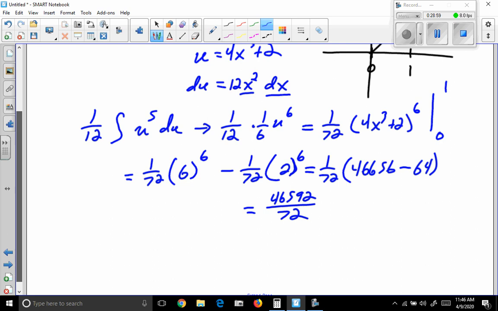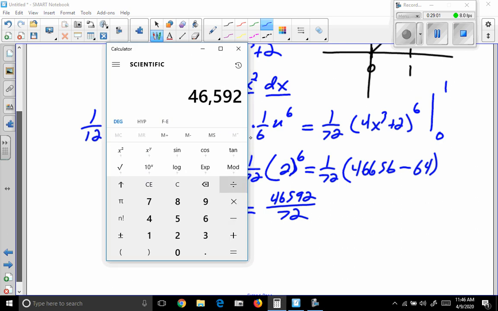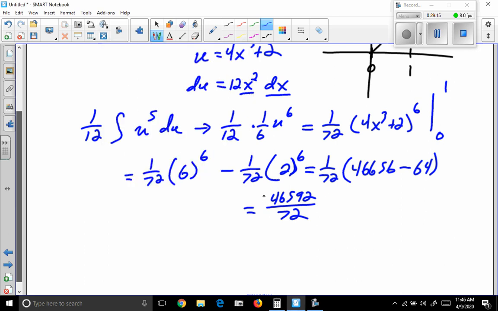Now, it'd be great to reduce that, of course. I doubt that's divisible by 72, and it's not. So we could reduce it by 2. Divide the top by 2, 23,296, and the bottom by 2, we get 36.